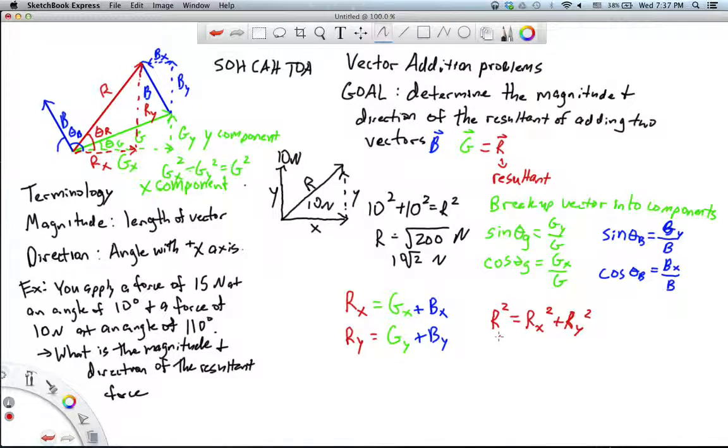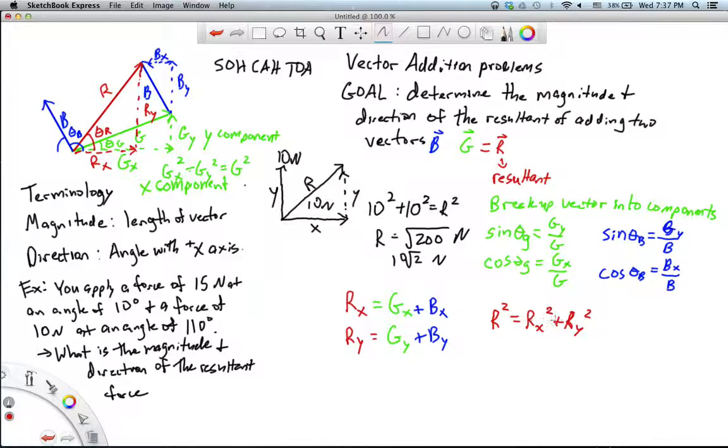So what I want to make clear is that after you have split up the vectors into their components, you add them component-wise. So you add all the x's together. All the x components of all the forces added together gives you the x component of the resultant vector. All the y components added together gives you the y component of the resultant vector. And then you can combine these two using the Pythagorean theorem.